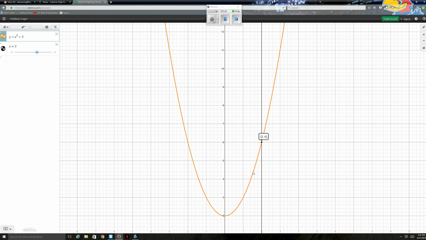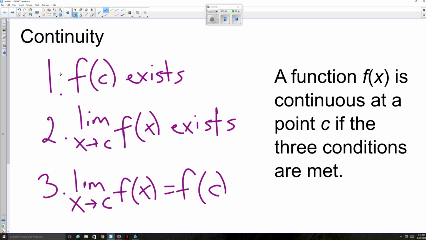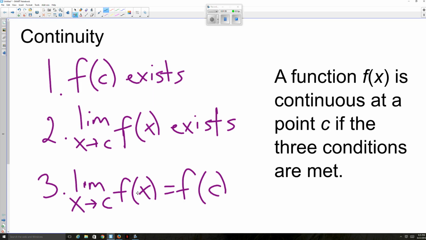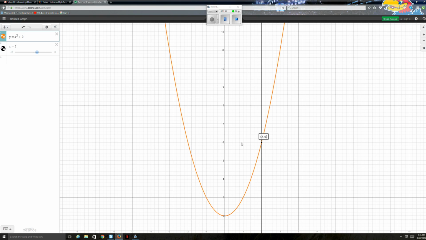Let's take this point. The first thing, does the function value exist? Well, yeah, we can see it right here. The second thing, does the limit exist? If I trace along the graph from the left and from the right, they both intersect at that same point right there.